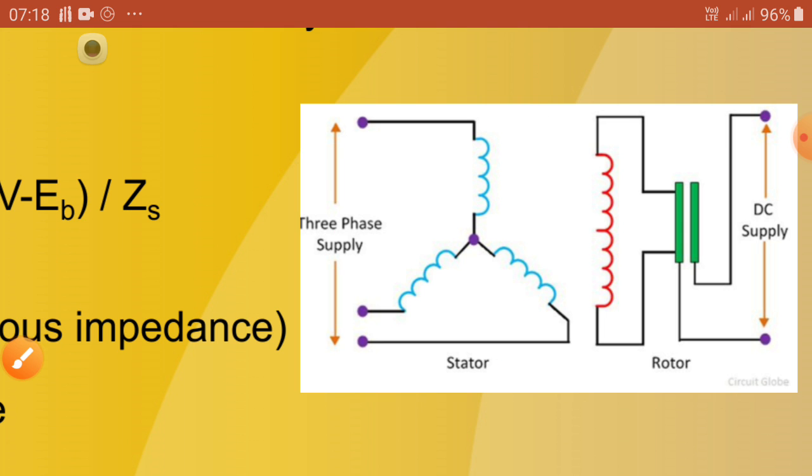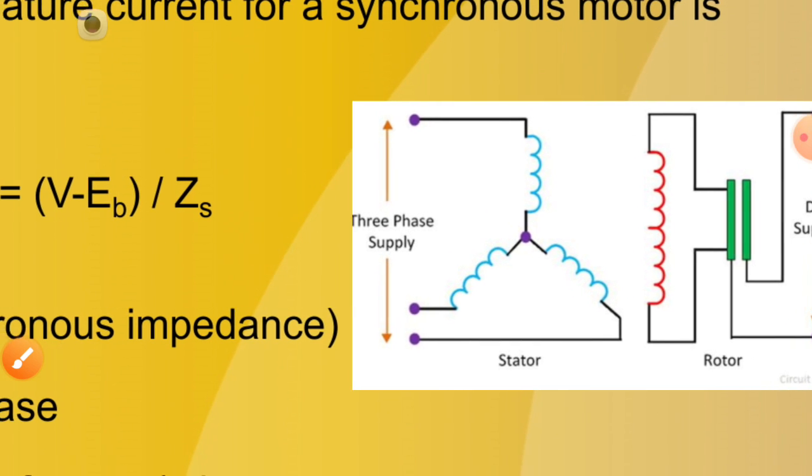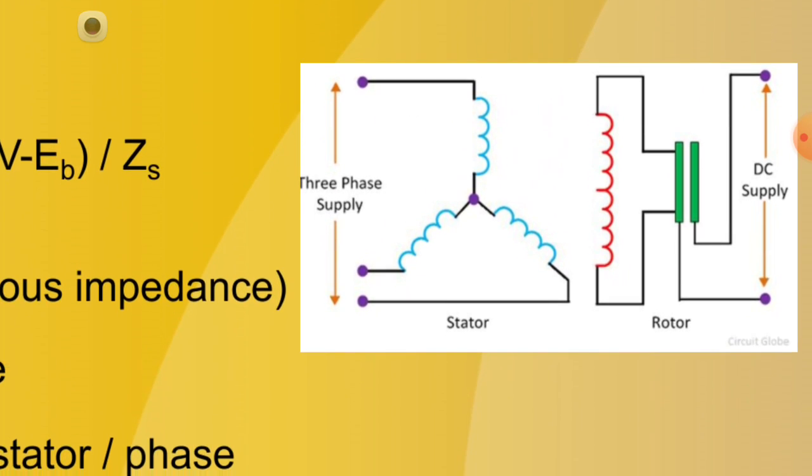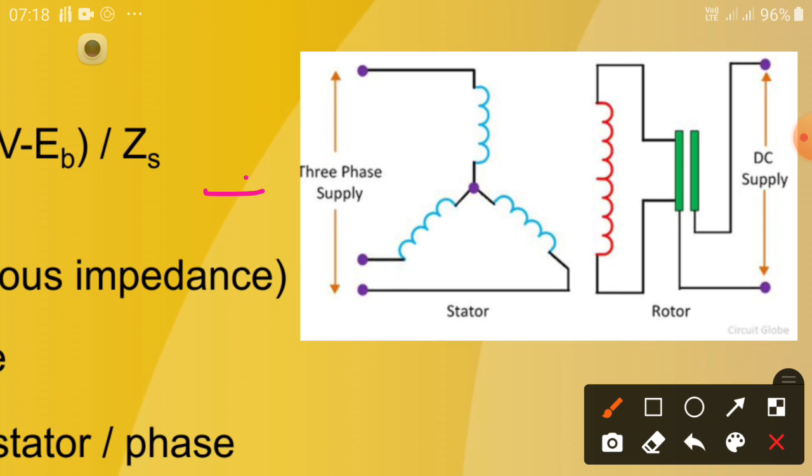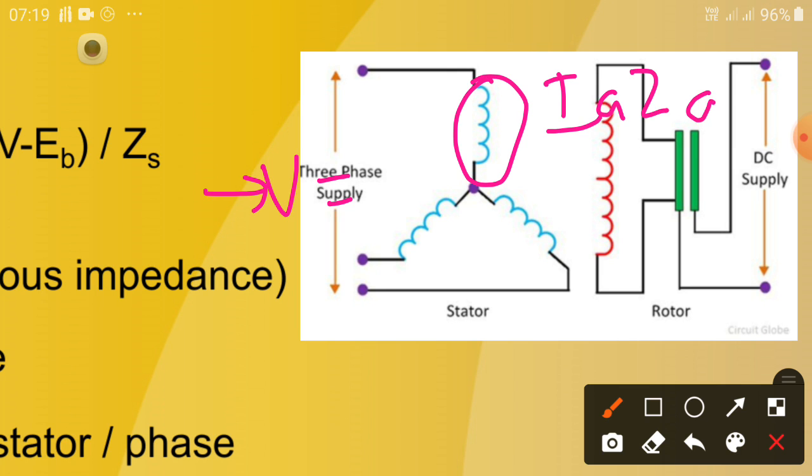What is the equation? The applied voltage V is equal to the drop, IA ZS, plus the induced voltage EB.